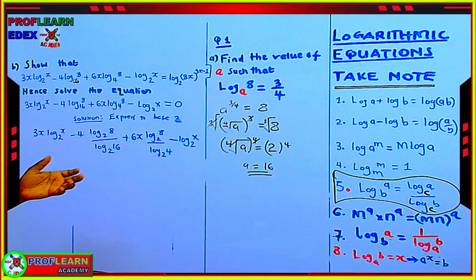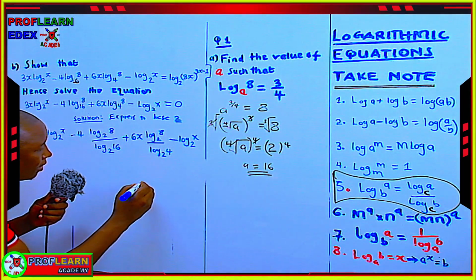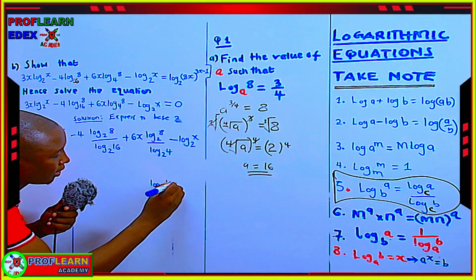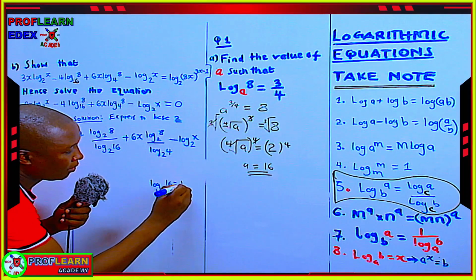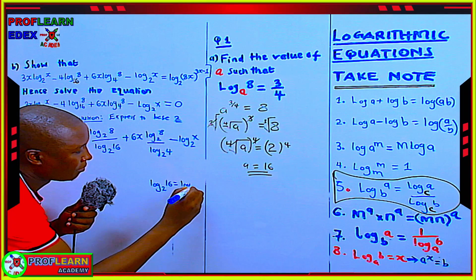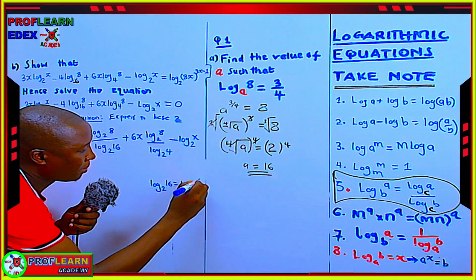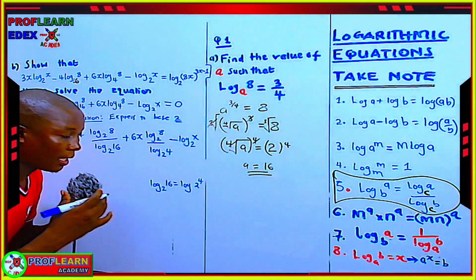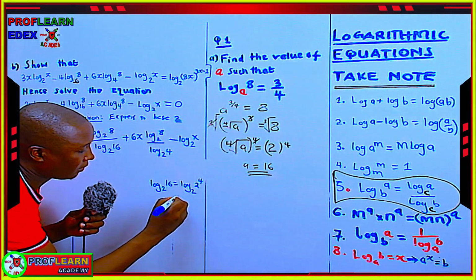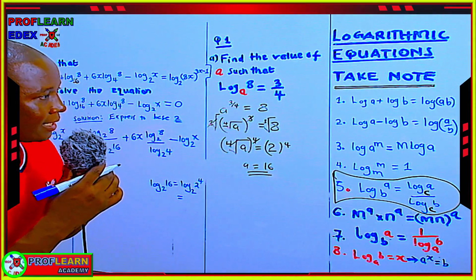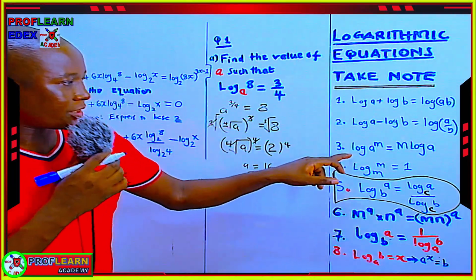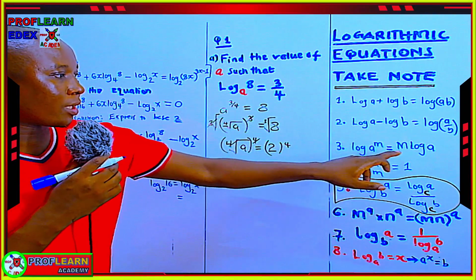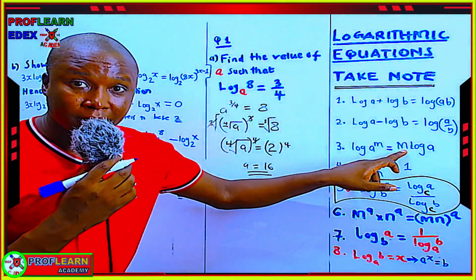Now, something that I need to remind you is that log 16 base 2 can be written as log 2 power 4, because 16 can be written as 2 power 4, and we write our base there. From rule number 3, if you're having log a raised to power m, you can take m behind the log.